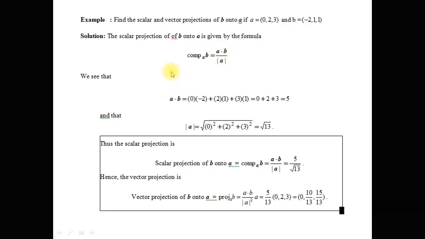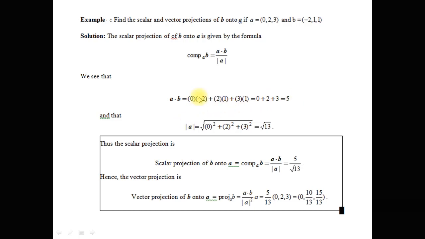First of all, to find the value of A dot B, the scalar product of vector A and vector B, we multiply 0 by -2 plus 2 multiplied by 1 plus 3 multiplied by 1. 0 times -2 is 0, 2 times 1 is 2 and 3 times 1 is 3. So A dot B is equal to 5.